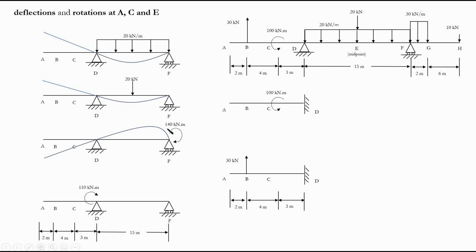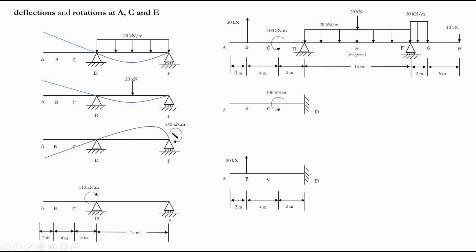Now, for the third case, these elastic curves are really visual. When I'm bending the beam like this, in the clockwise direction, I will have compression at the bottom and tension at the top. This is what we can imagine. So that's why our elastic curve looks something like this and then goes linear.